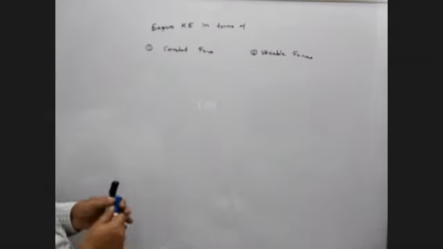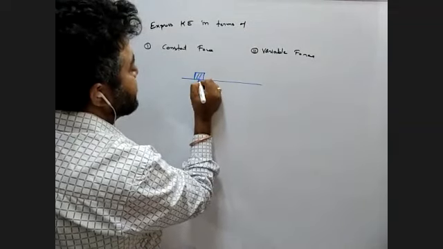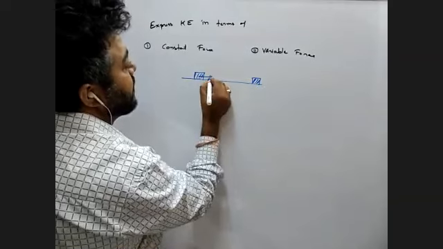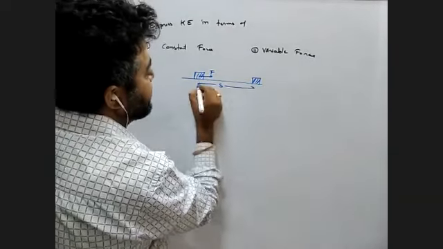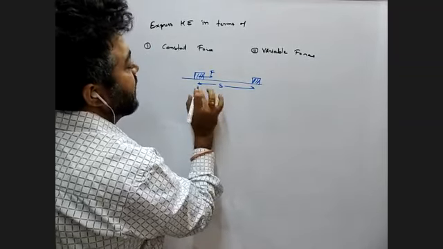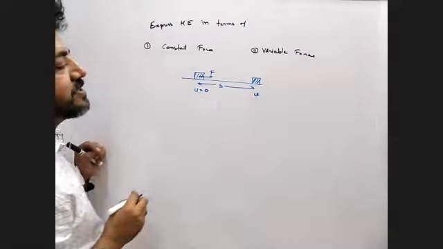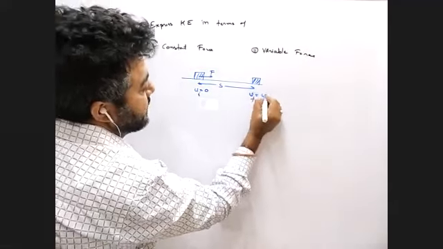So for that, suppose this is the initial position, this is the final position. The object, due to the force applied, moves a displacement s, initial velocity is u and final velocity is v. Suppose the initial velocity is 0 and the final velocity is v.